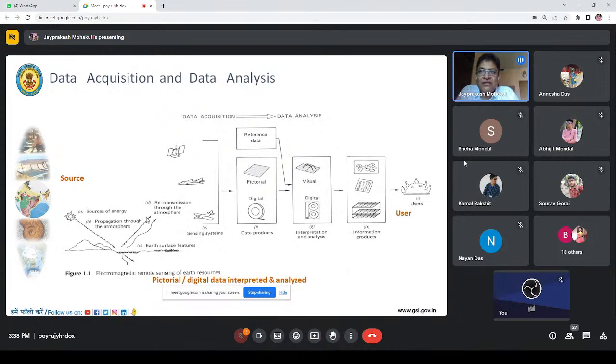You can also have an active microwave sensor, sending a microwave and receiving back the signal. Those are all known as active remote sensing. This case is known as passive remote sensing, where the source of energy is the sun, right?